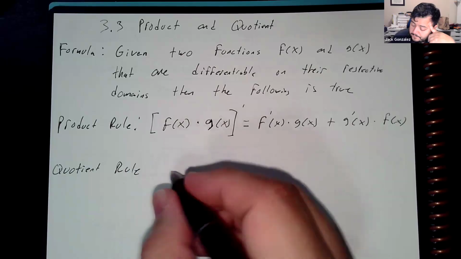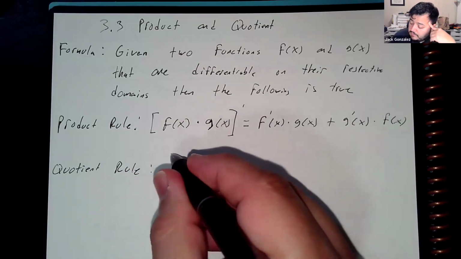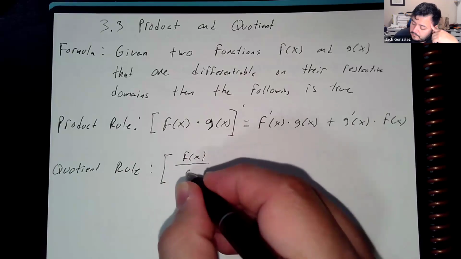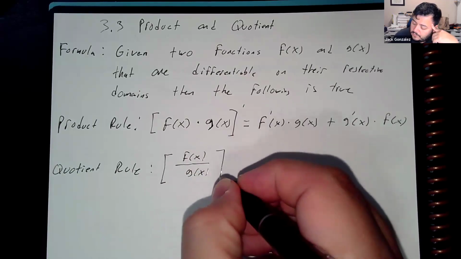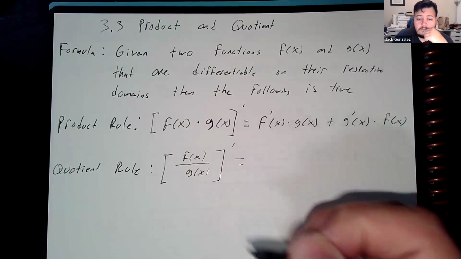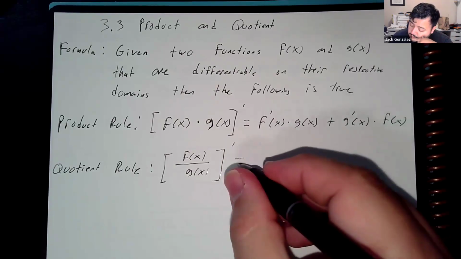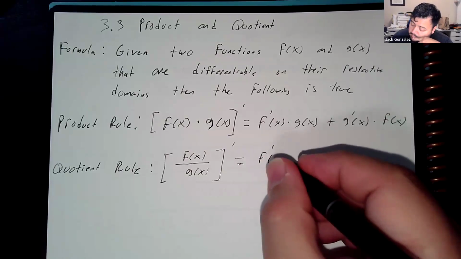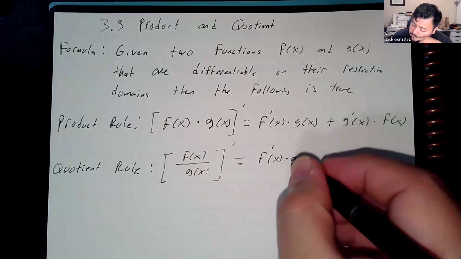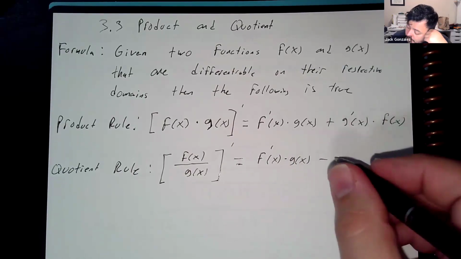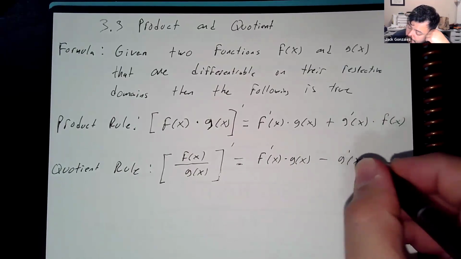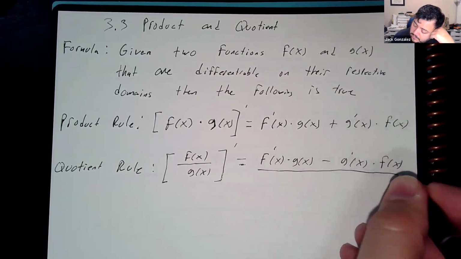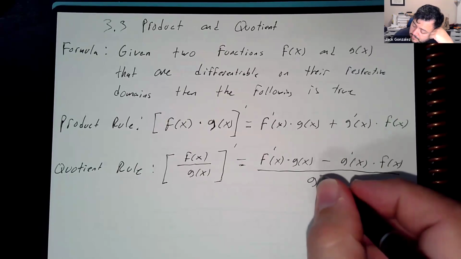Quotient rule. If you have f divided by g, and you want to take a derivative, then we get f prime times g minus g prime f, divided by g squared.